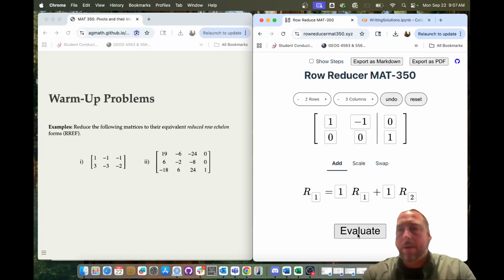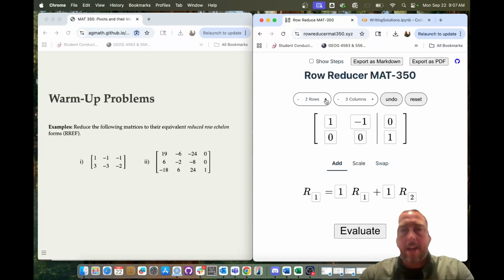And so if I add row 1 and row 2, now I get this form. So pivot in the top left, zeros below it, no rows above it, so nothing to worry about there. And pivot in the bottom right here, no rows below it, so nothing to worry about there, and a 0 above. And so there's the reduced row echelon form for that first matrix.